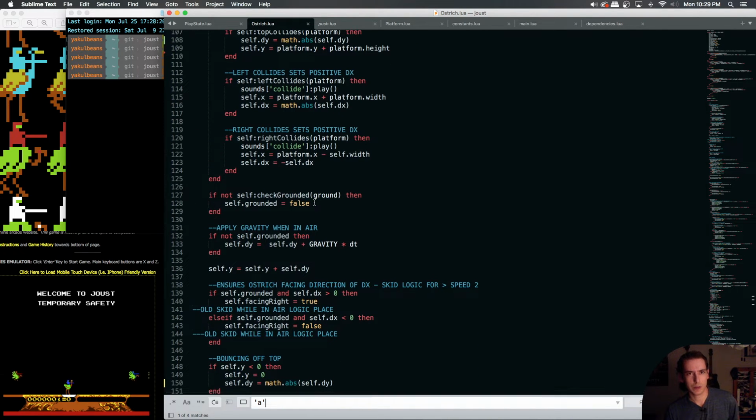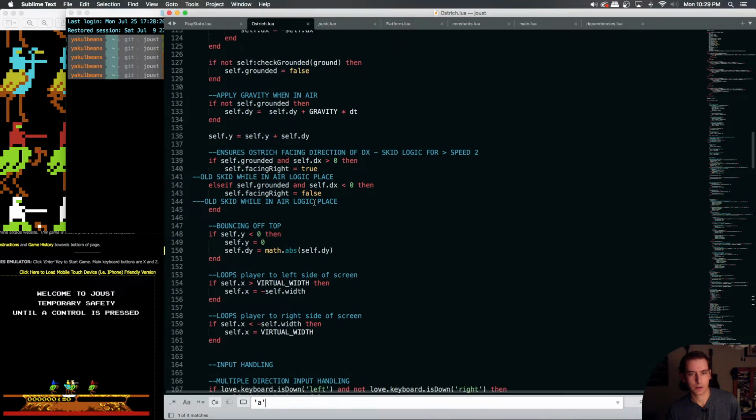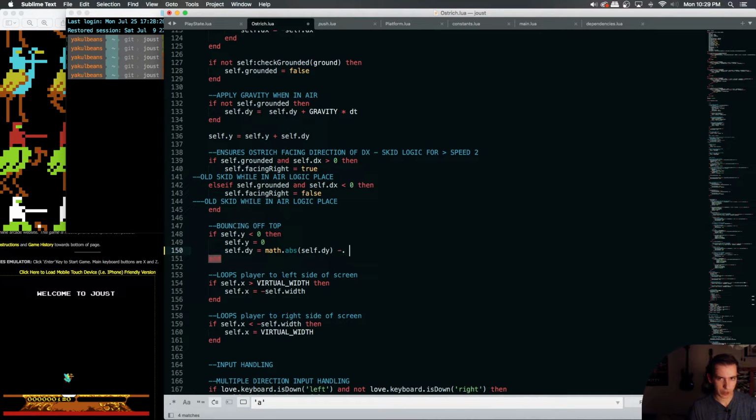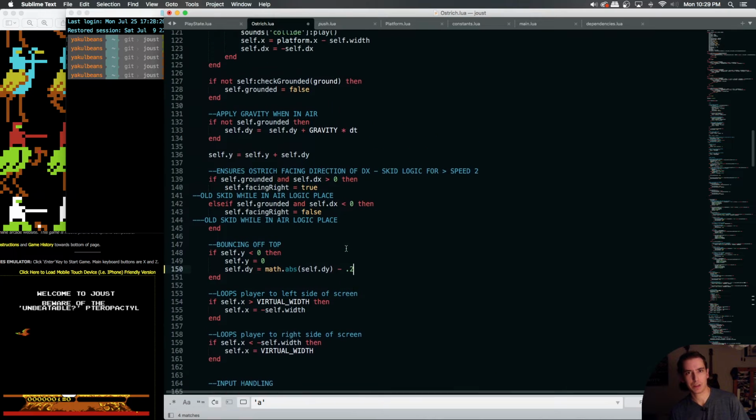Would that work if we did? So when we subtract a 0.2, bouncing off the top.